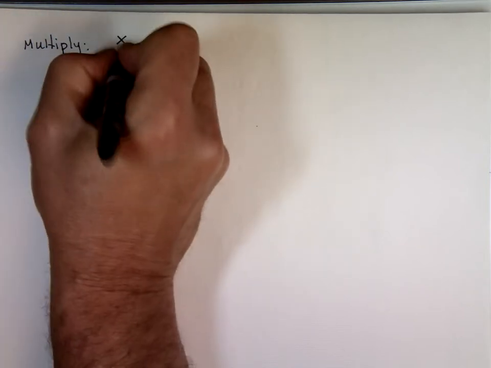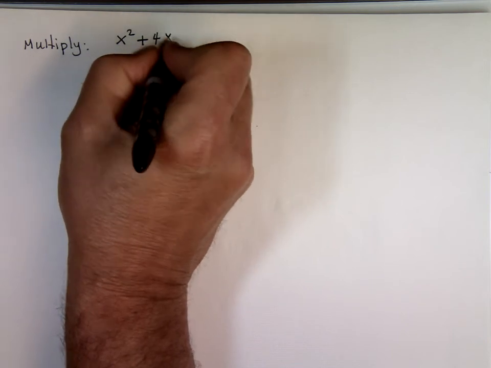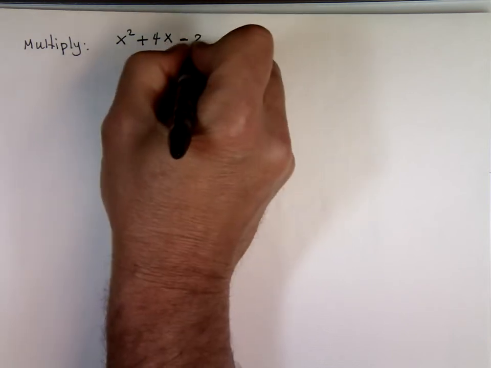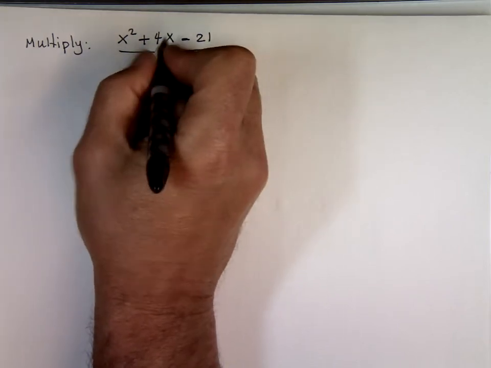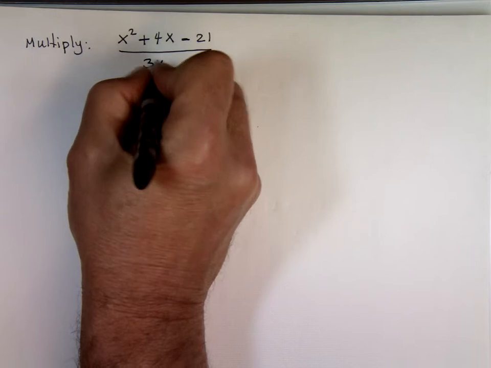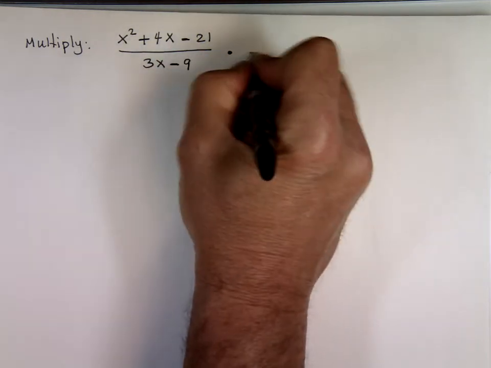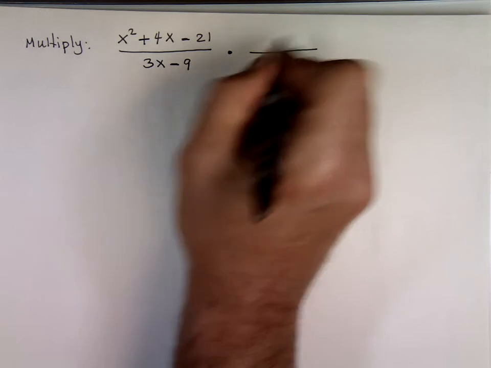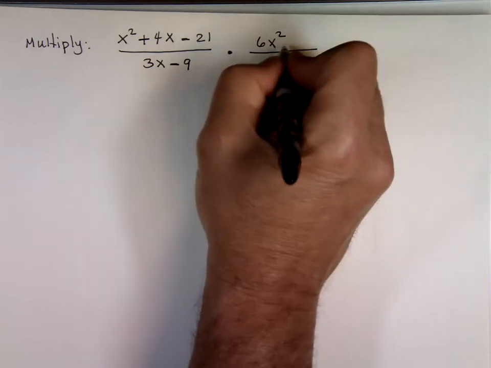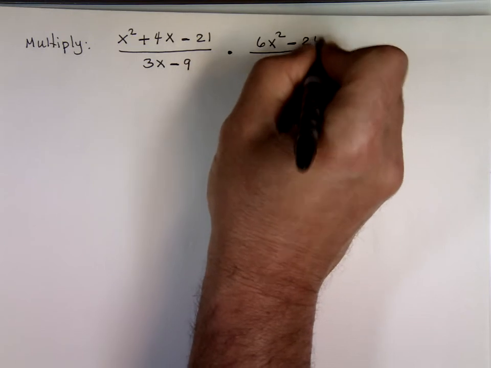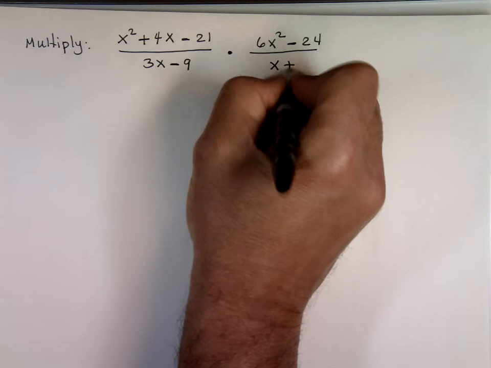X squared plus 4x minus 21 over 3x minus 9, times 6x squared minus 24 over x plus 2.